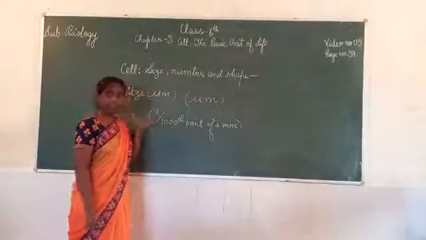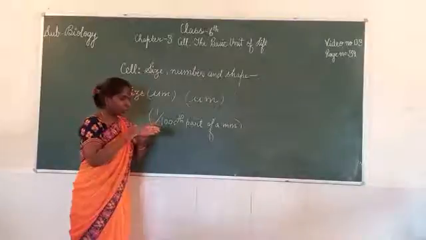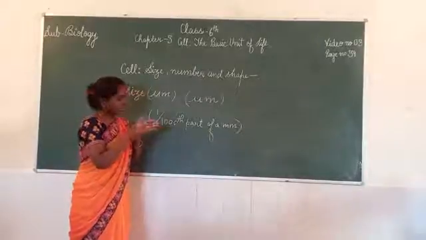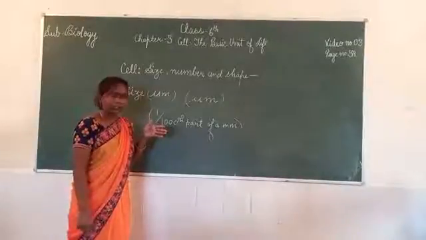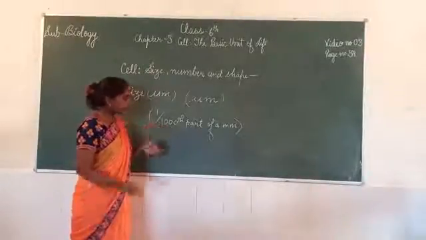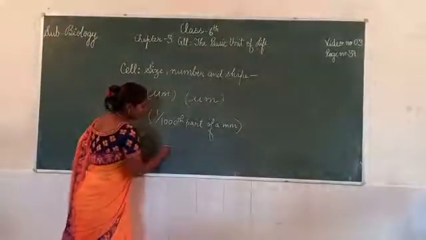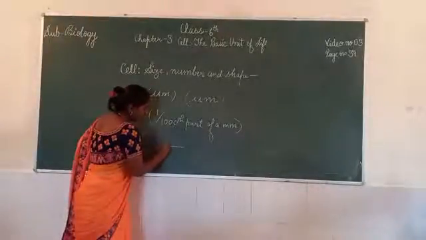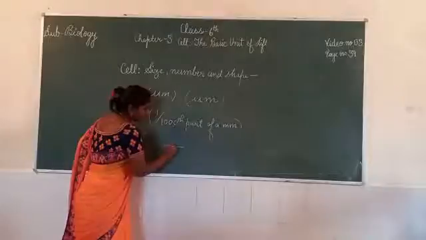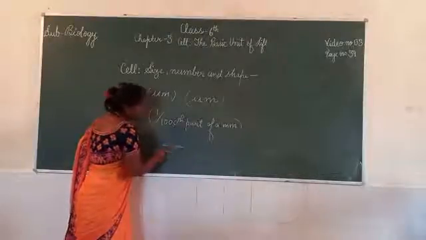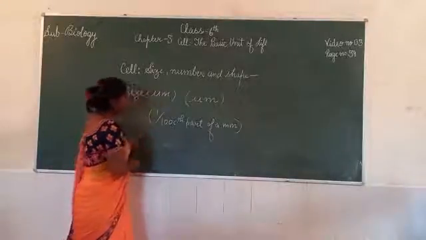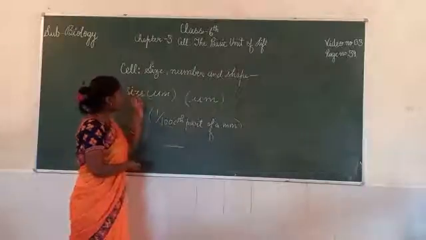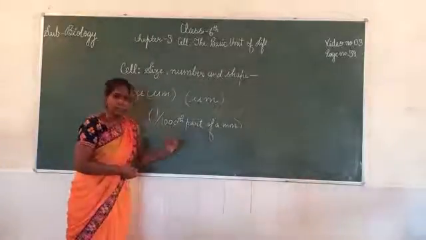Children, if you have observed your small scale, it is of 15 centimeters. In 1 centimeter there are how many millimeters? 10, like this: 1, 2, 3, 4, 5, 6, 7, 8, 9, 10. From this, you know that the size of the cell is too small.